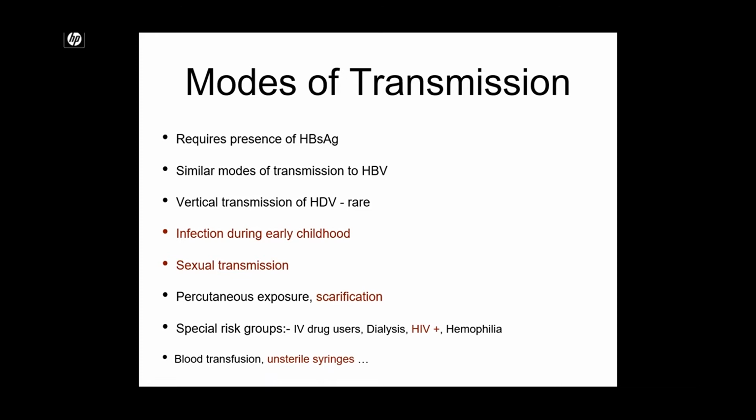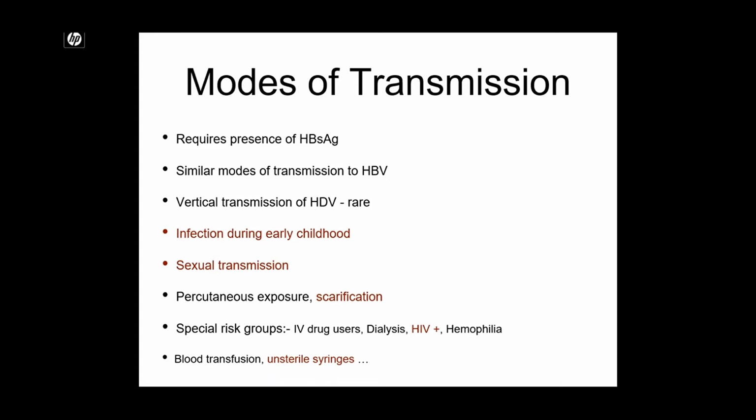In Asians, where hepatitis B virus prevalence is high, it's mostly the vertical form of transmission. Here, unidentified causes or exposures during childhood, and this horizontal form of transmission is common for both hepatitis B and hepatitis D virus infection. Sexual transmission is also considered to be one form of transmission in hepatitis delta virus.